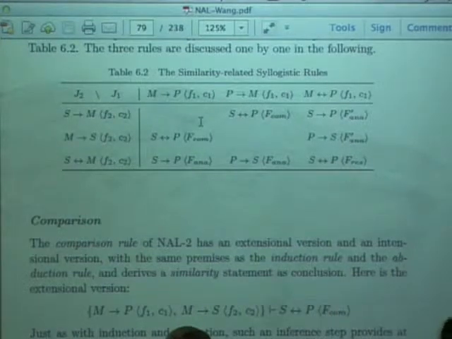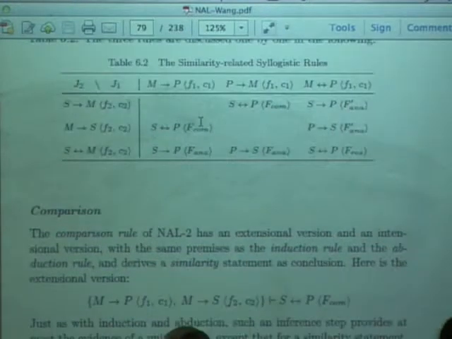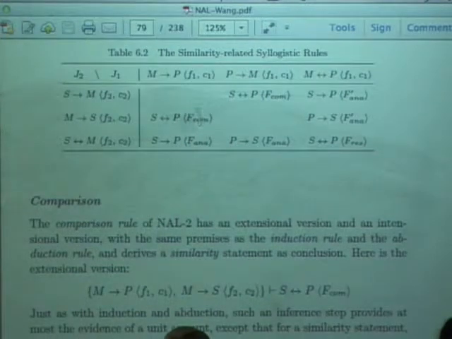Altogether, there are 7 possible results, but they correspond to 3 inference rules. The others are just a different order and so on of the same rule. Let's see them one by one. The first case is here and here.